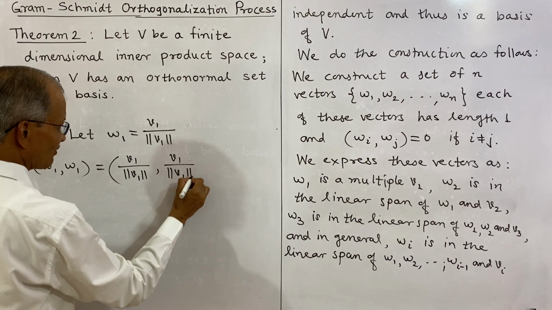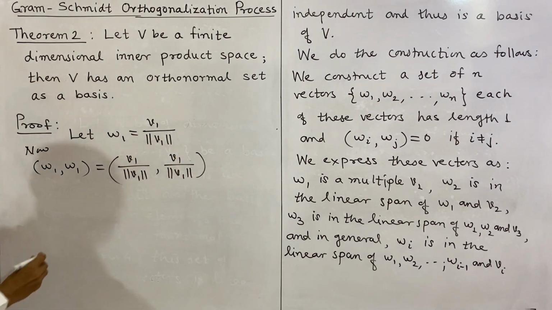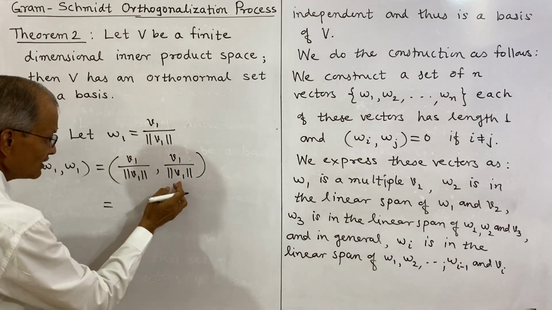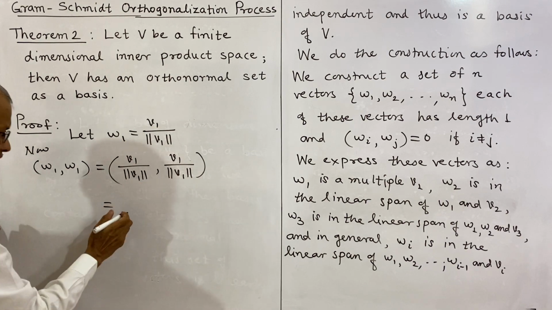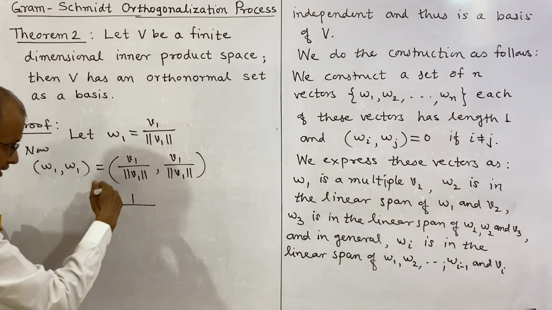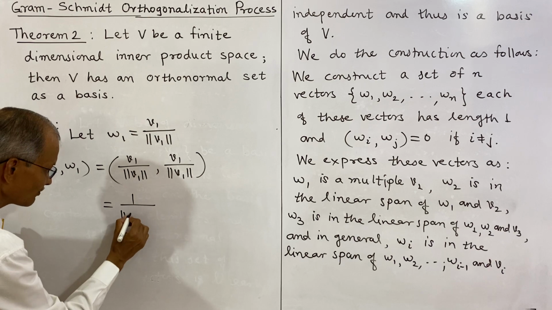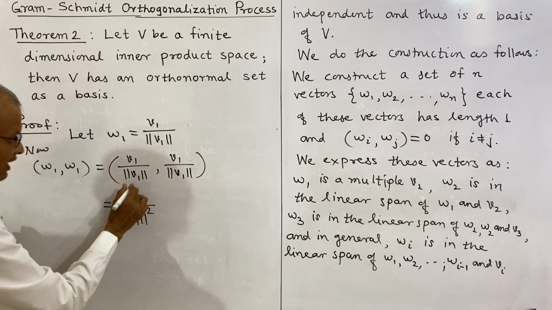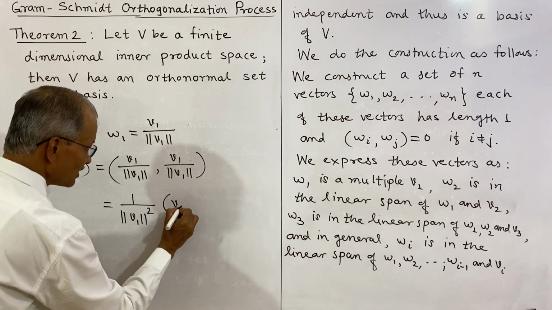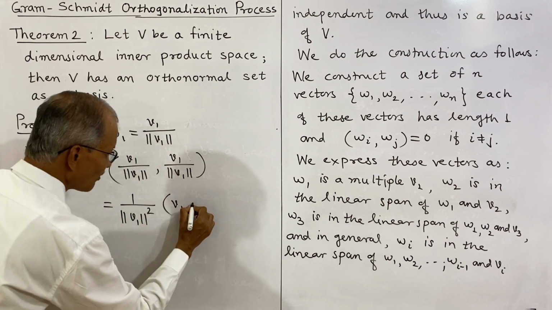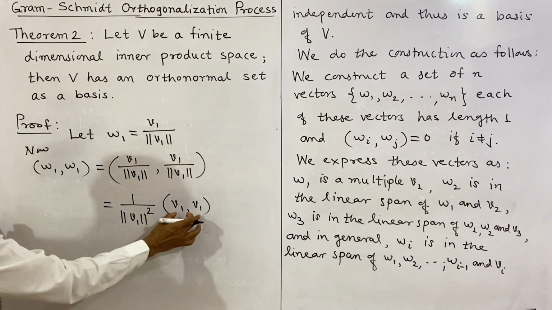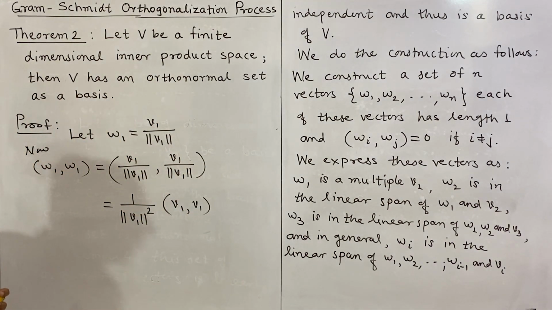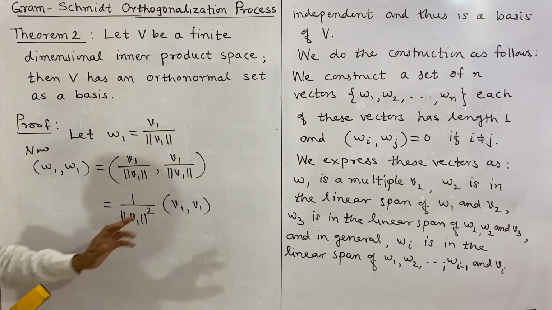These are positive scalars, therefore we can write them outside by the linearity property, and that gives 1 upon norm v1 square, and in the inner product remains v1 with v1, but the inner product of v1 with v1 is again norm v1 square.